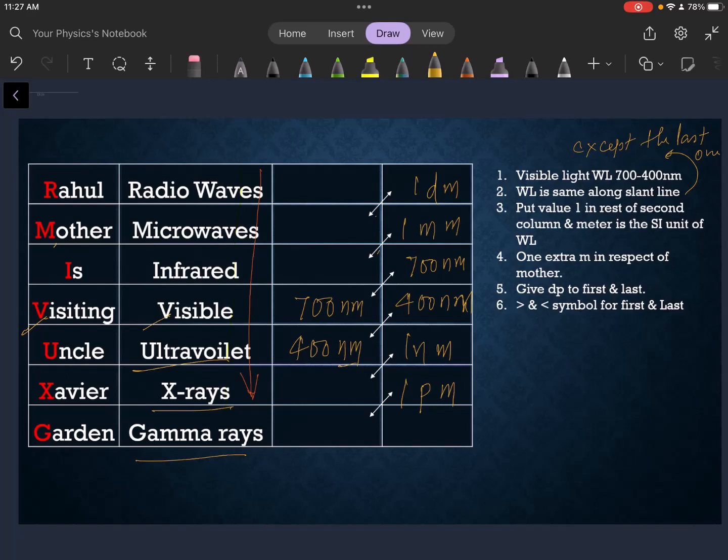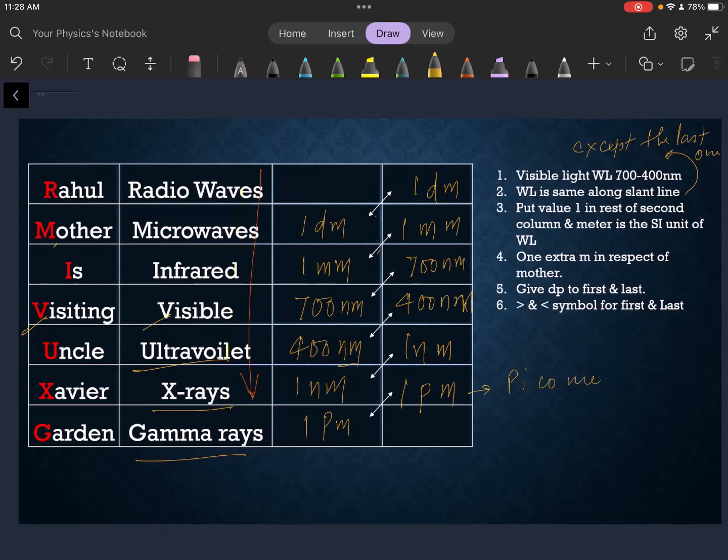Now since the wavelength is the same along the slant line, you can put 1 dm here, 1 mm here, 1 nanometer here, and 1 picometer here. 1 dm is 1 decimeter, 1 mm is 1 millimeter, nm stands for nanometer, and pm stands for picometer.